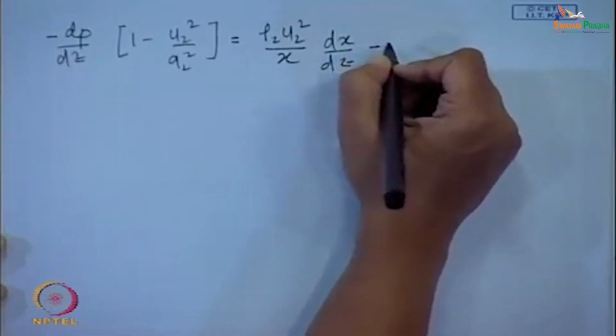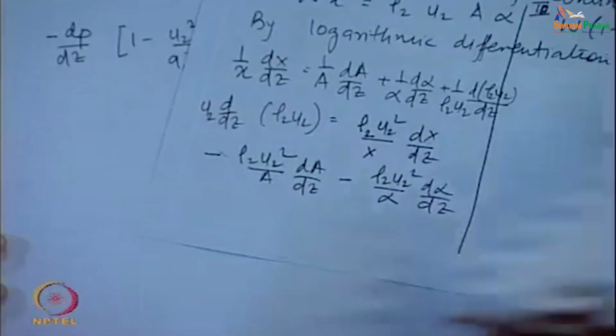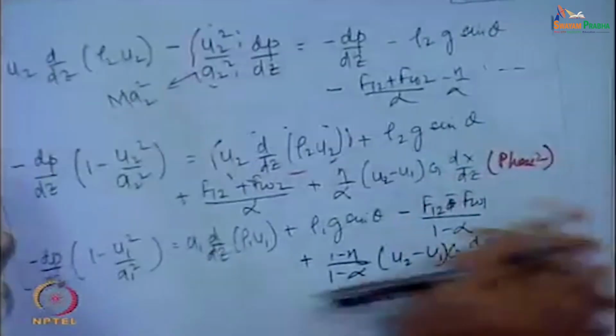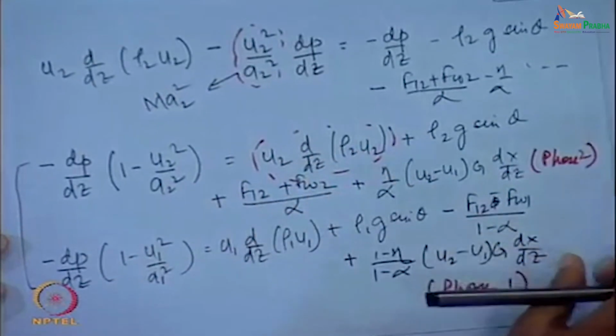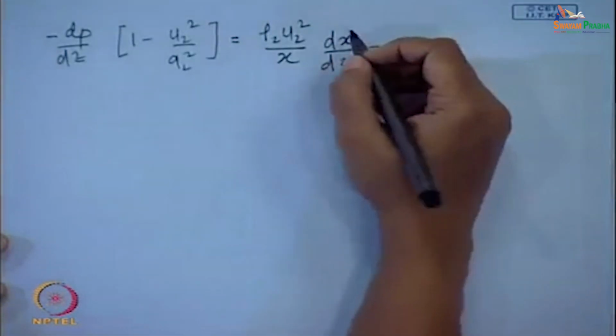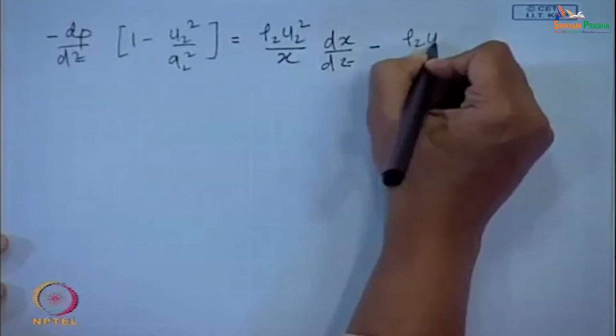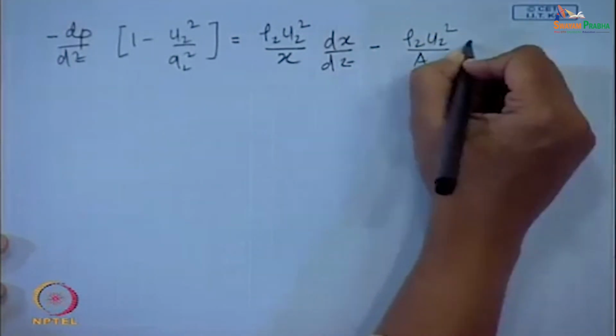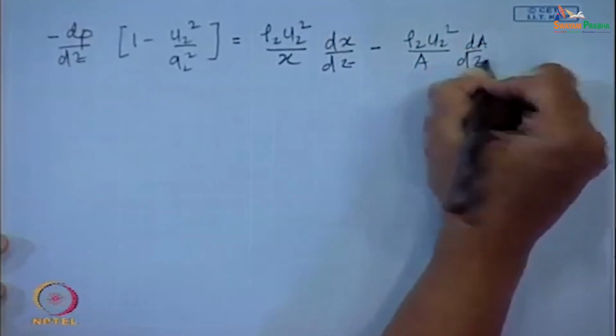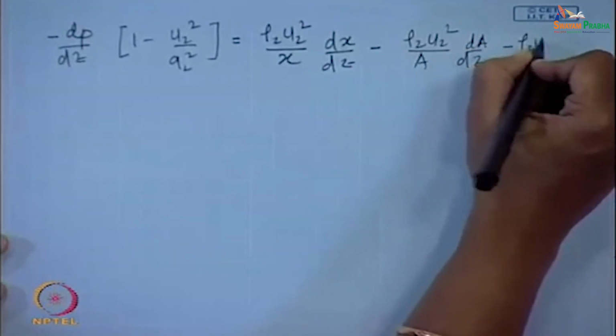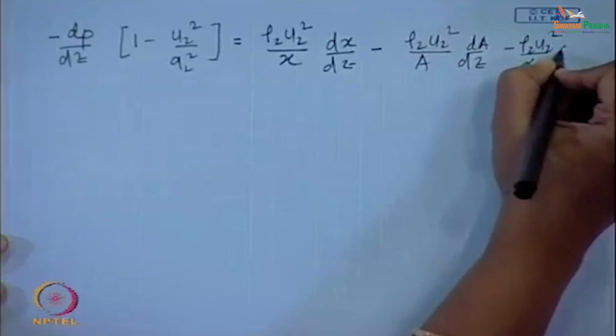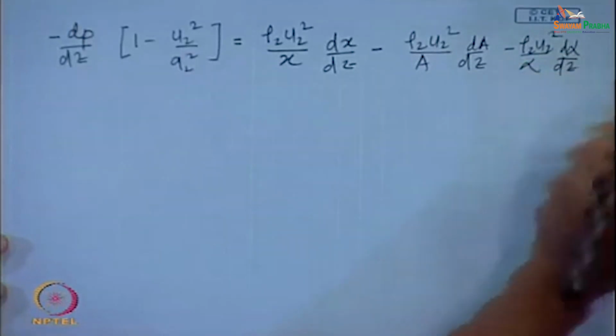I am just substituting that term, u2 d/dz of rho 2 u2, minus rho 2 u2 square by A dA/dz minus rho 2 u2 square by alpha d alpha/dz.